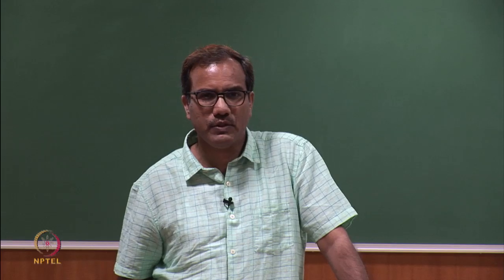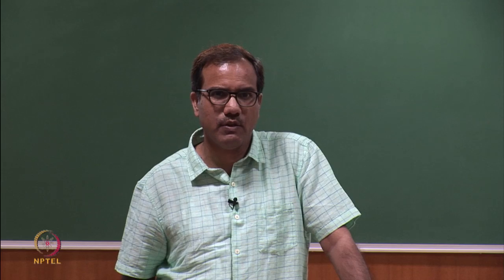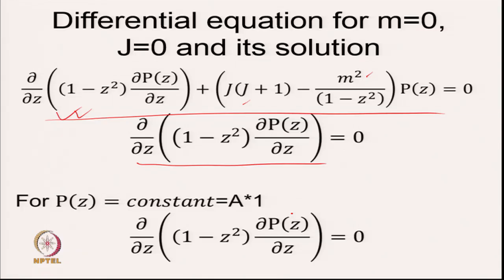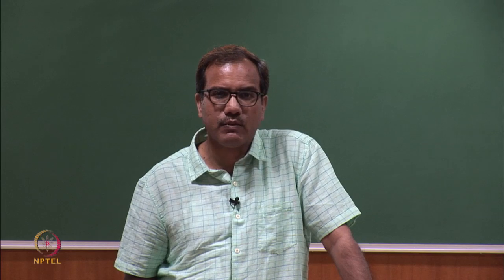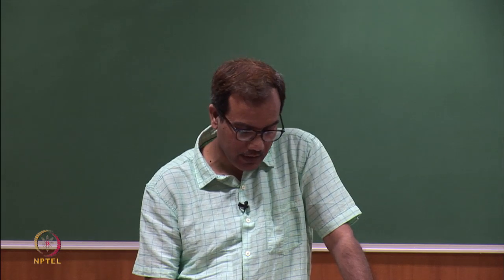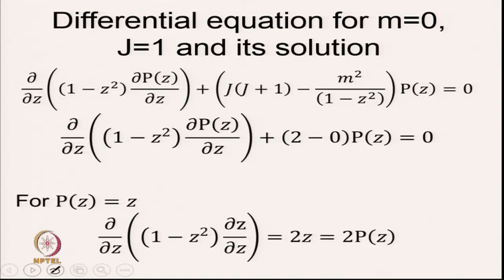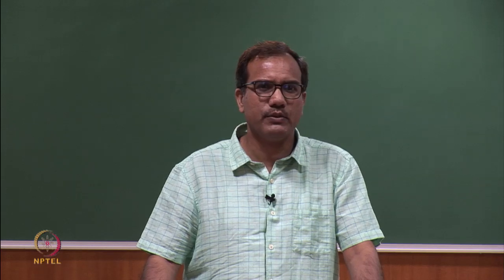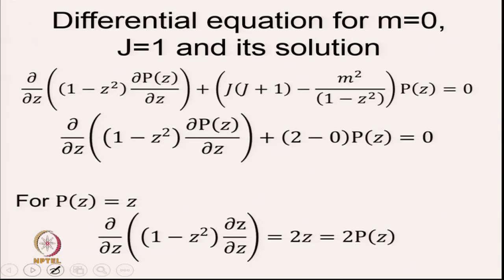So, the only solution of this differential equation is a constant, and so a into 1, and if you put 1 here, then this will be 0 and everything will be 0. So, the solution of this equation is a constant. Now, let us think about how to solve this differential equation for m is equal to 0 and j is equal to 1.